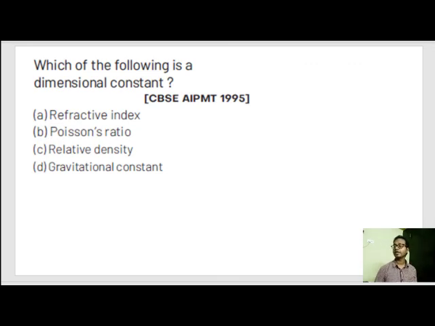Which of the following is a dimensional constant? Refractive index is nothing but sin I by sin R, which is dimensionless. Okay. Refractive index is sin I by sin R is equals to dimensionless.